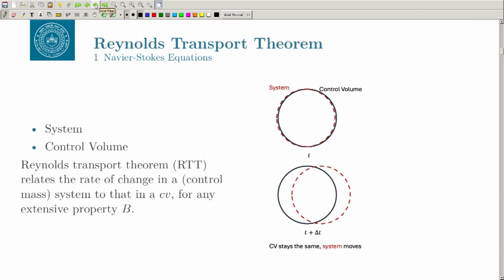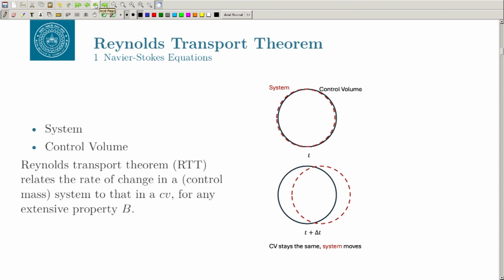The first basic principle you might have read is the Reynolds transport theorem. Why the Reynolds transport theorem is needed is because I talked about Newton's second law and the first law of thermodynamics. All these laws were derived for a control system. What do you mean by control system?